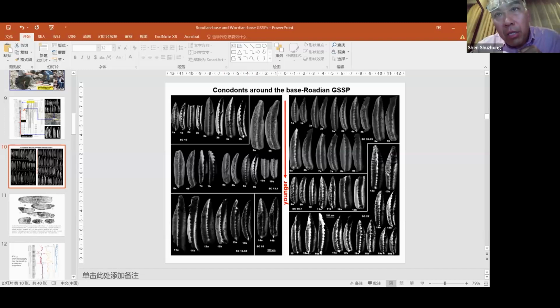Then the typical Jinogondolella population we find from sample SC22, the carbonate nodule in the black shale, and there are some specimens with weak serrations here. We don't know how to deal with such specimens. Shall we name these specimens with weak serration as a new species, or as transitional forms between Jinogondolella nankinensis and Jinogondolella aserrata or not?